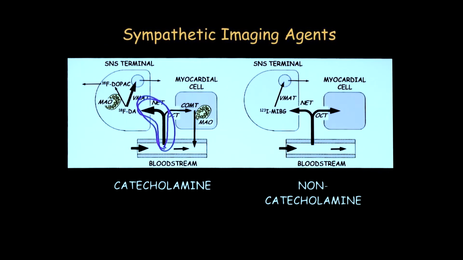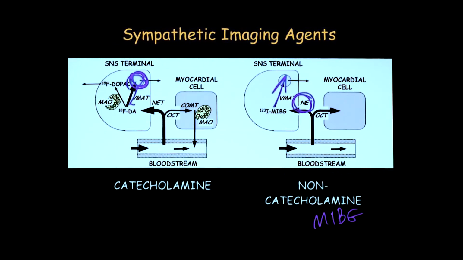They get into the sympathetic nerves, and then inside they get translocated into the vesicles. A non-catecholamine imaging agent like MIBG also gets into the nerves, but you can see there's a difference.